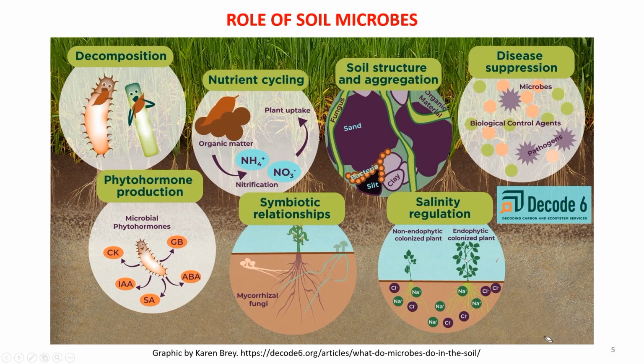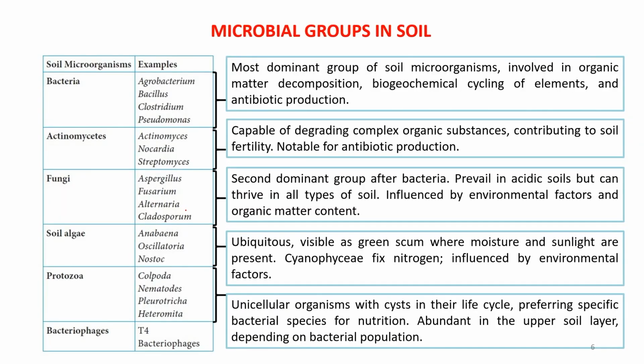So overall we can see that without microbes, the soil would become very inhospitable or non-friendly to higher organisms like plants. So what are the different groups of microbes in soil?